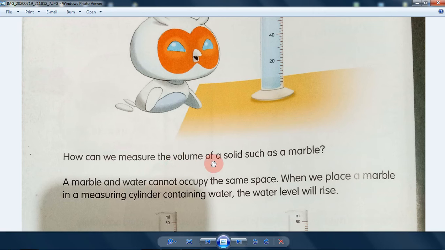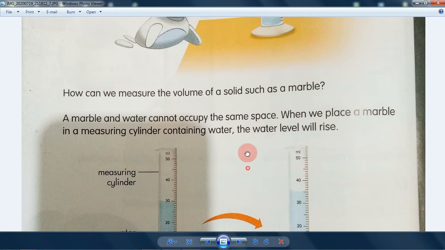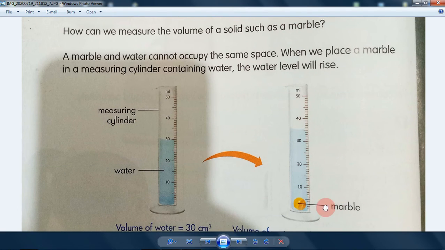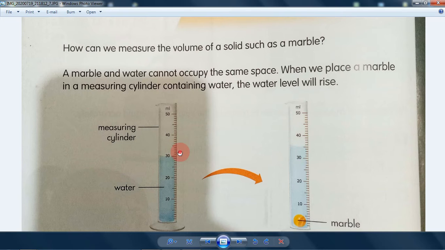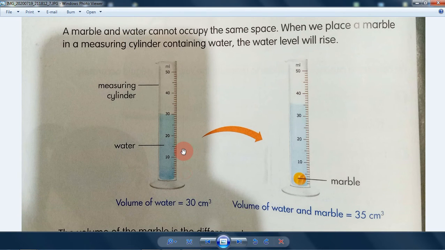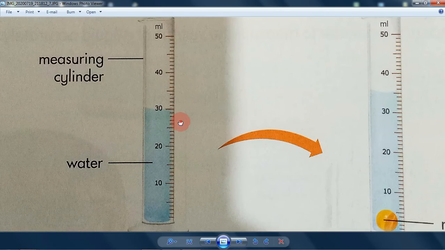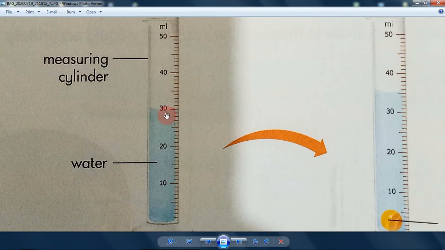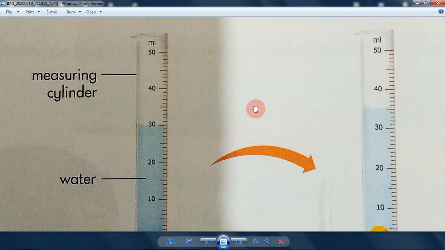How can we measure the volume of a solid such as a marble? Well, we can take water and put it in the measuring cylinder, and then put the marble in it. For example, in the measuring cylinder you already put water and it's at 30 milliliter.